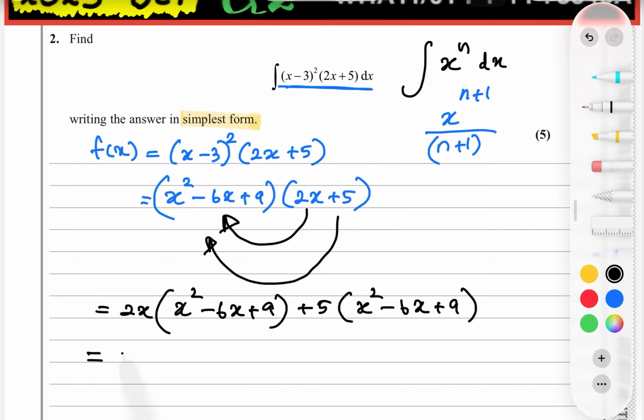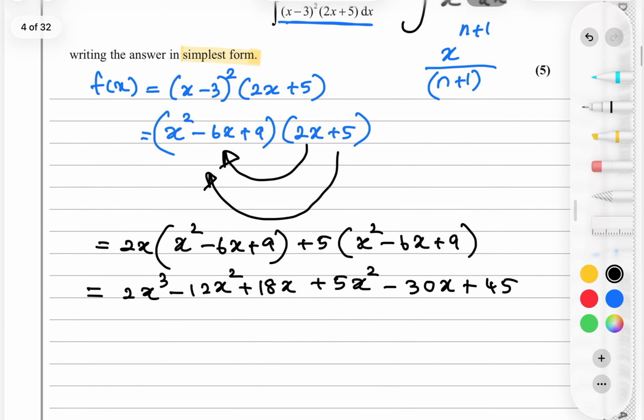This is going to be 2x to the power 3 minus 12x squared plus 18x, then plus 5x squared minus 30x plus 45.